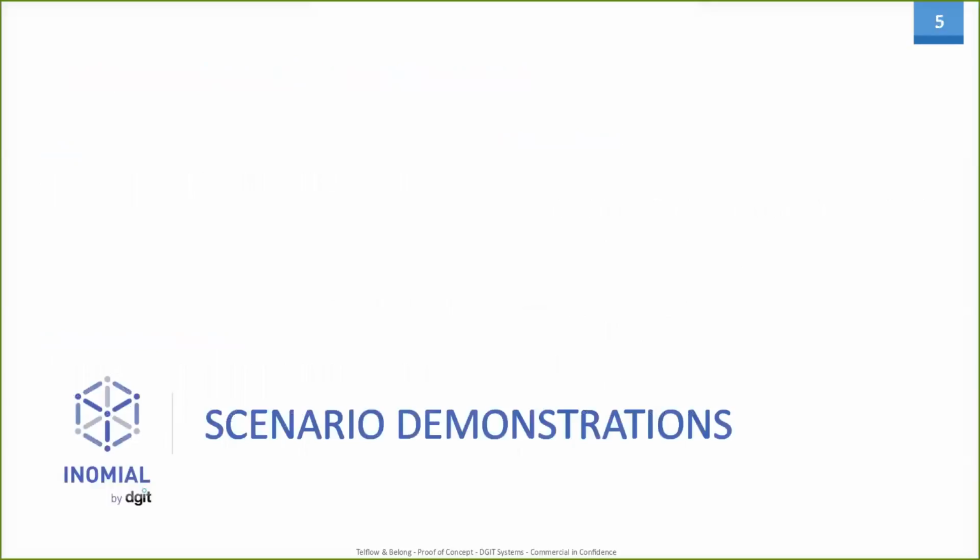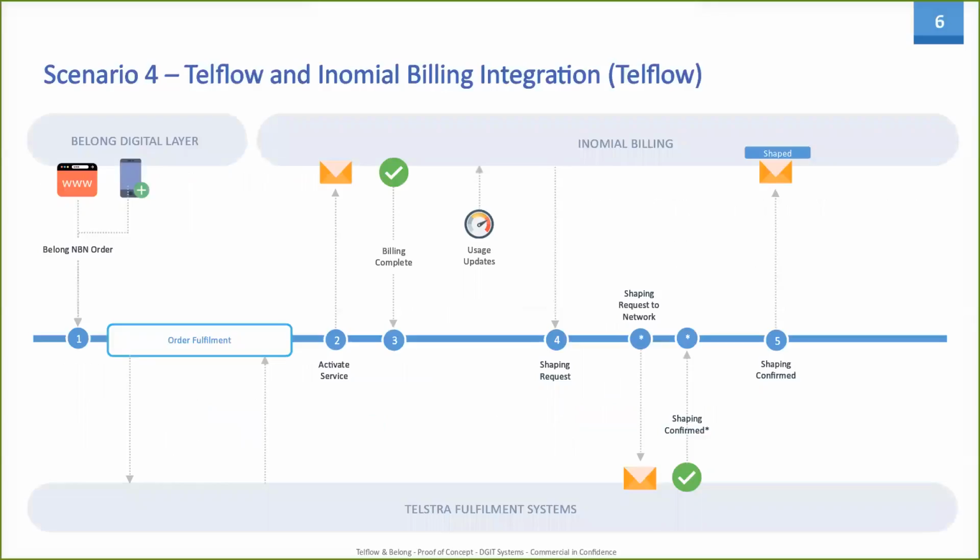Okay, good. Right, so the demo scenario, the first part of this demonstration is actually the same as we saw within the Telflow POC demo, because we're submitting an order from the digital front end to Telflow. Telflow will then fulfill that order, so it's communicating with the EOMSys stub and with NBN directly to set up the appointment for the NBN installation.